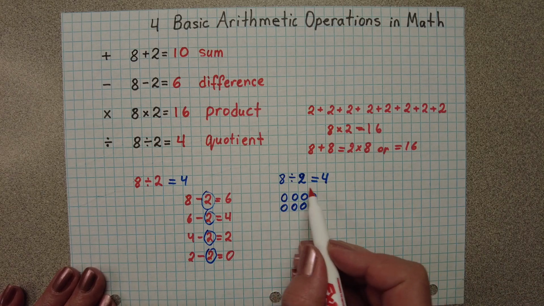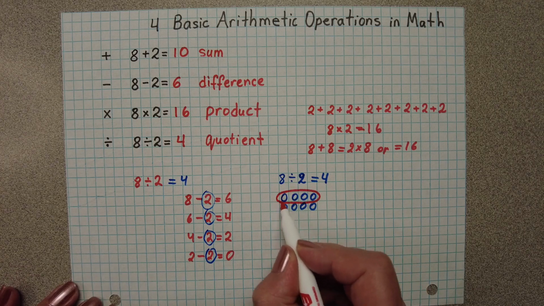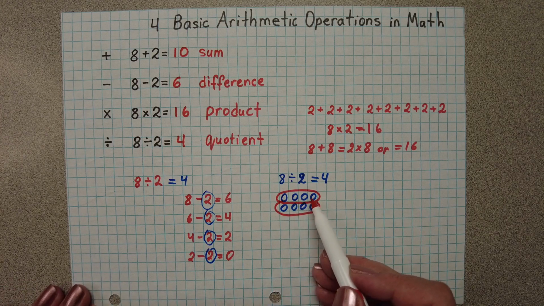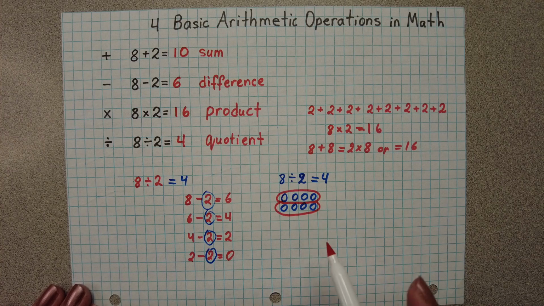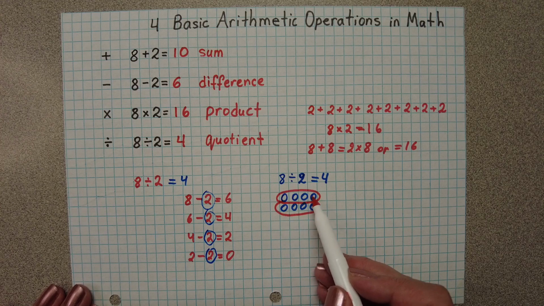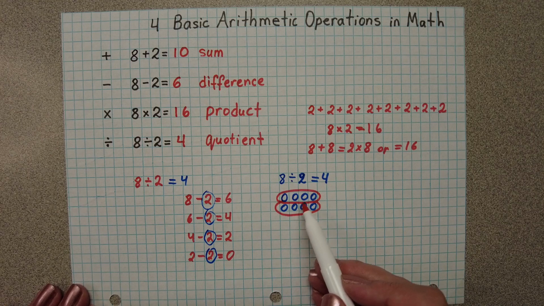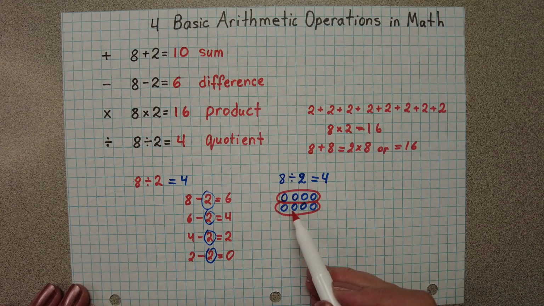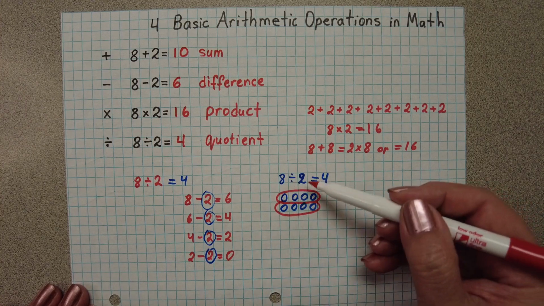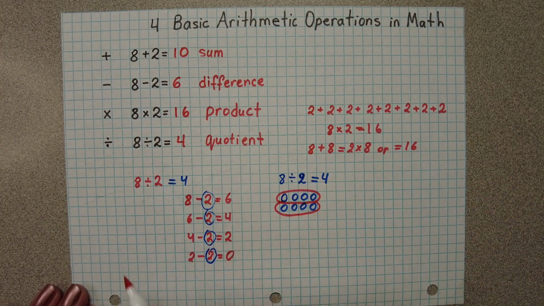We have to divide them into equal 2 groups. 1 group and 2 groups. How many apples do we have in each group? It must be equal numbers. So we have 4 apples in this group and 4 apples in this group. So we have 2 groups of apples. Each group has 4 apples. This is another way to explain this operation, division.